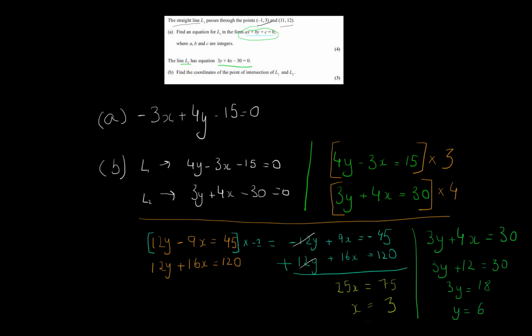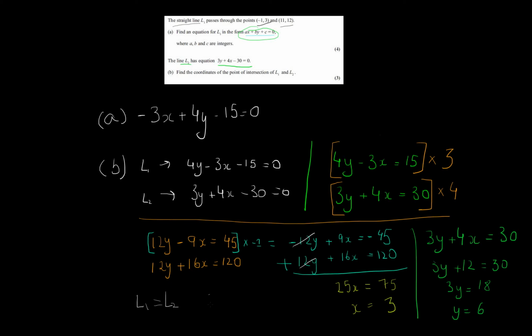So now we have a value of x, 3, and a value of y, 6. And that is actually the coordinate of the point of intersection of L1 and L2. And so that means that L1 equals L2 where x equals 3 and y equals 6.